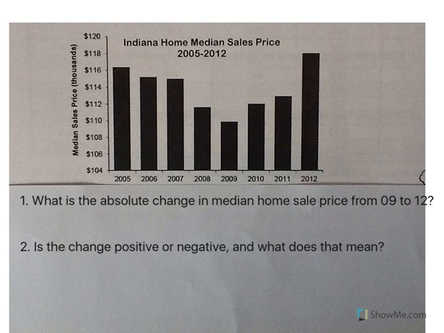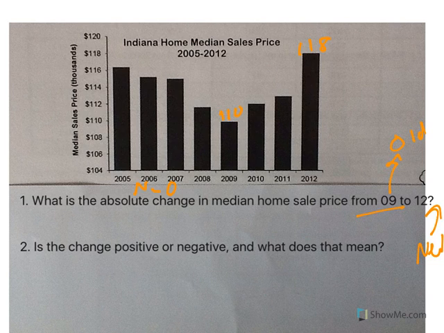Remember, absolute change is new minus old, from 09 to 2012. Now, 2009 is old, 2012 is new, because that's where we're going. So when I look at 2012, I think of 118,000. When I look at 09, I think of 110,000.